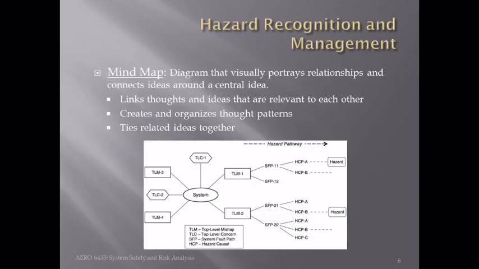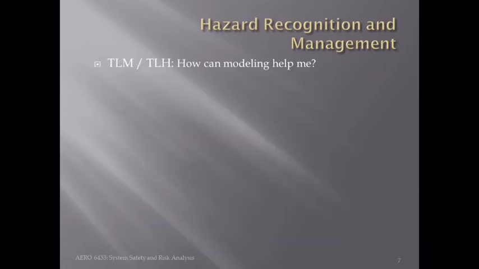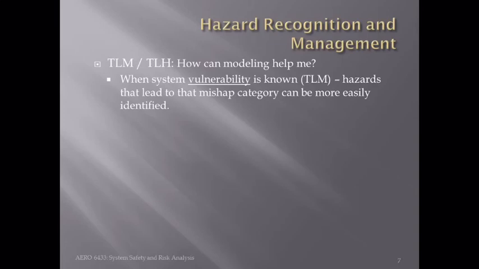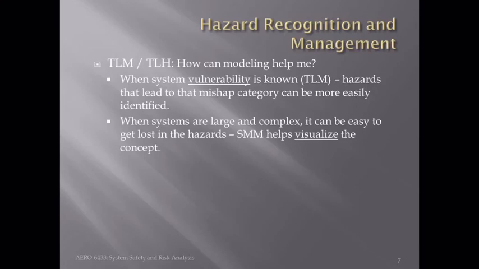So there are many advantages of creating a system mishap model. When we know the system vulnerabilities, where failures can occur, system mishap models help us more easily identify hazards that might cause that. The system mishap model also helps us visualize the hazards and hazard pathways.